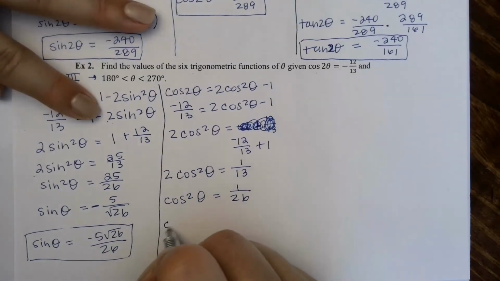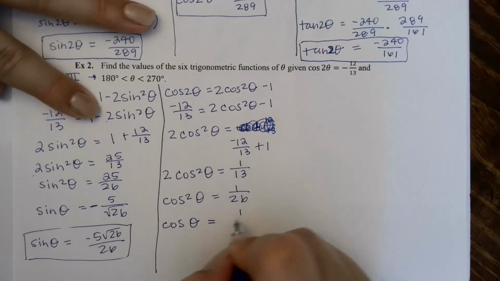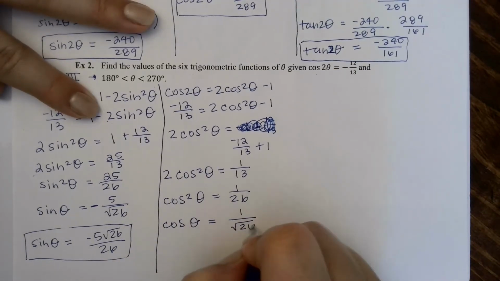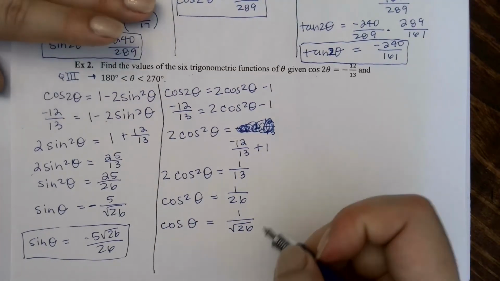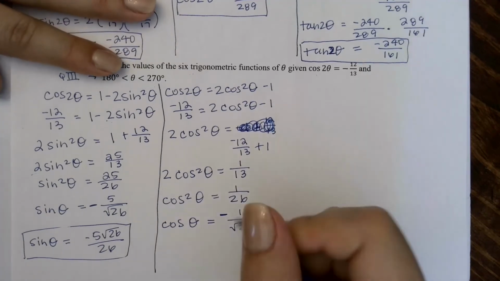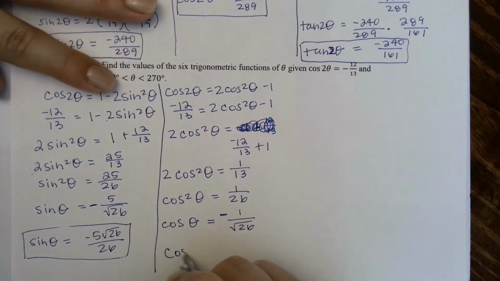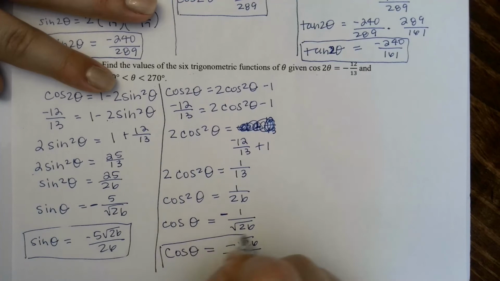And then we take the square root of both sides. Okay, so the square root of 1 is 1. And then we have the square root of 26. Okay, again, we're in quadrant 3, so cosine theta is going to be negative in quadrant 3. So that's the same as cosine theta is equal to negative square root of 26 over 26.